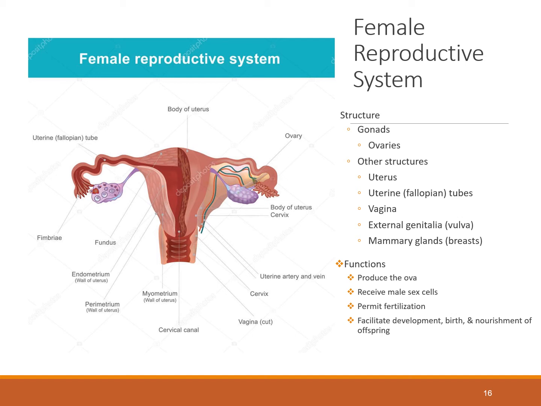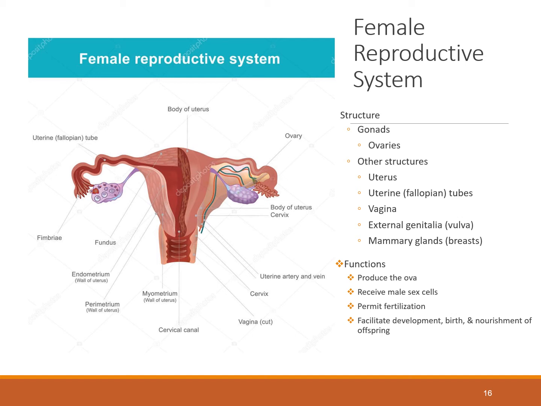The male sex cell typically finds the egg in the tube, and fertilization often occurs there. Sometimes the egg can implant into the side of the tube, and this is referred to as an ectopic pregnancy.